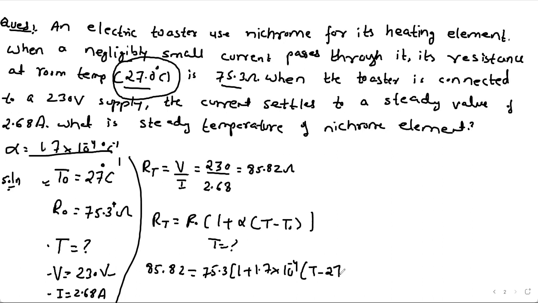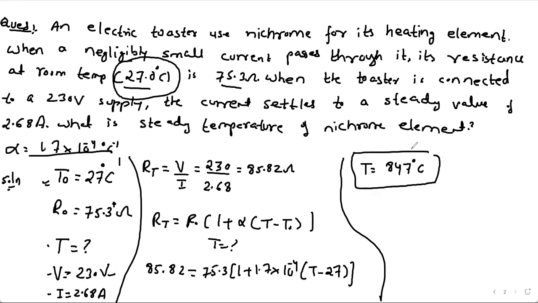T naught is 27. When you solve this equation, you will get that your T is 847 degrees Celsius. That's the answer.